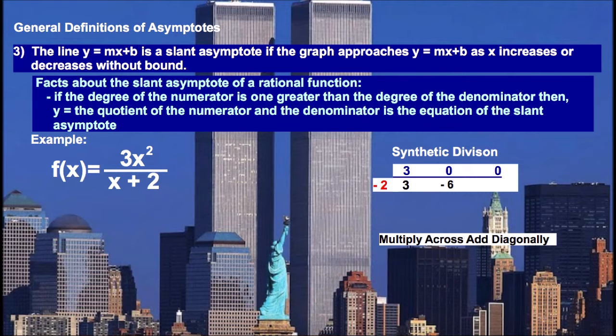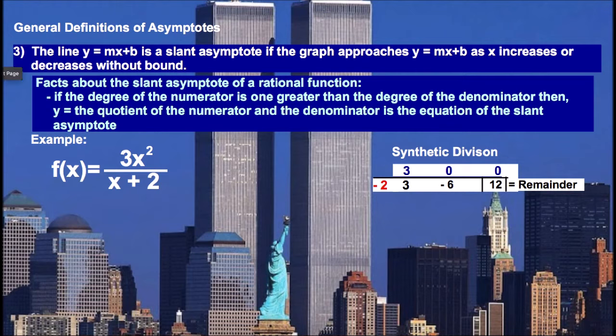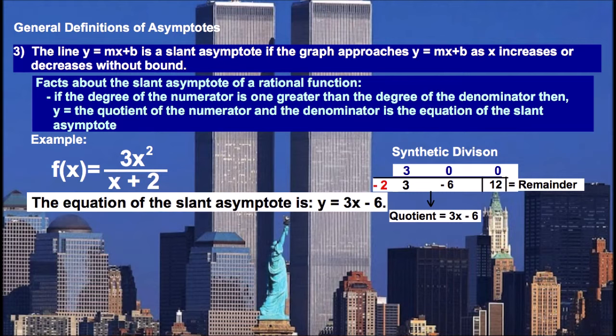Then we multiply across and add diagonally again. So we have negative 2 times negative 6, and add the 0 diagonally, which evaluates to 12, which is the remainder, and the quotient is 3x minus 6. The equation of the slant asymptote is y equals 3x minus 6.